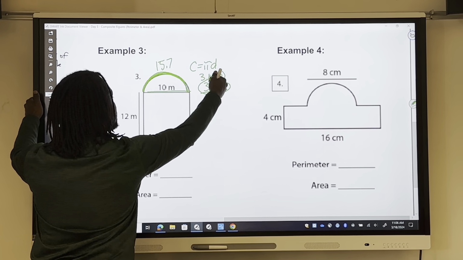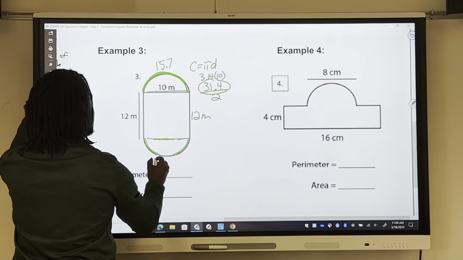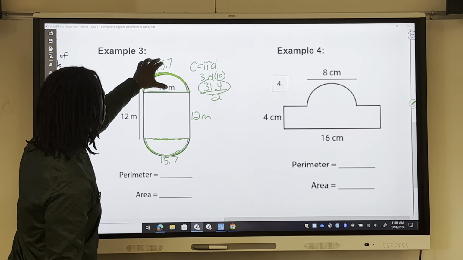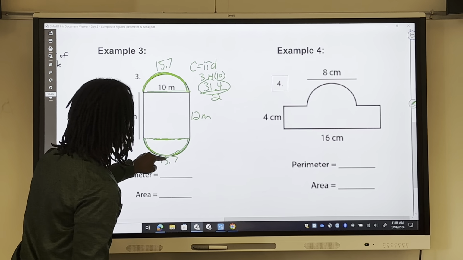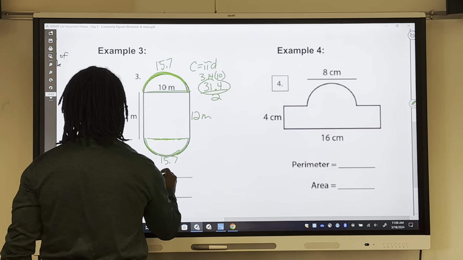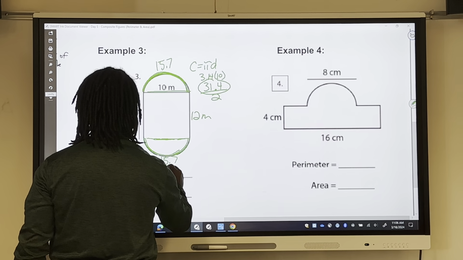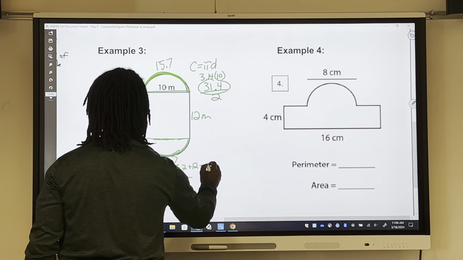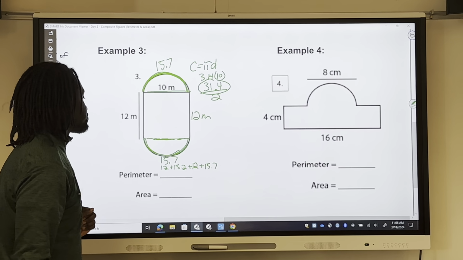Again, I took that, divided it by 2 because I have half of it. But then I also have another half down there. So this is 15.7, the outside of that. The outside of this circle is 15.7. Then 12 and 12. So I'm going to do 12 plus 15.7 plus 12 plus 15.7. And so that gives me my perimeter.